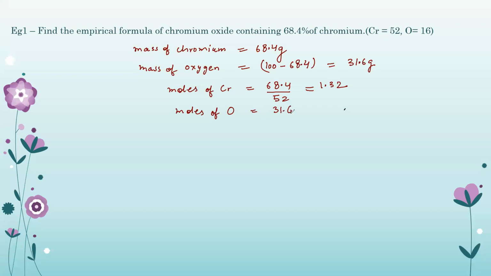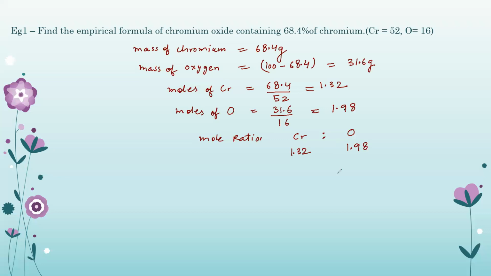So 31.6 divided by 16 equals 1.98. Now let us take the mole ratio. Chromium is to oxygen. How many moles of chromium you have? 1.32 and moles of oxygen 1.98. Correct?